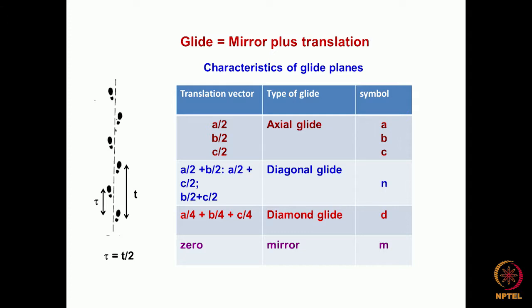If you look at the glide axes which we have: A glide, B glide, C glide, and then along the face diagonal we can have a glide represented by the symbol N. Then we can have a glide along the body diagonal, which is designated as D. Then the translation vectors are also given.